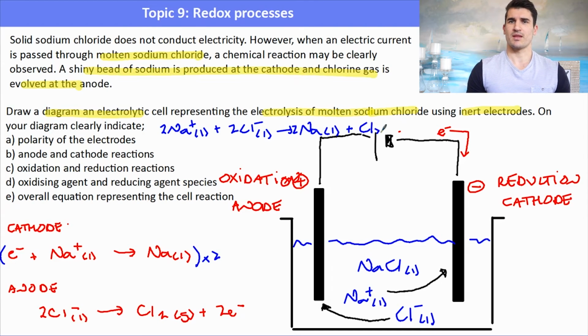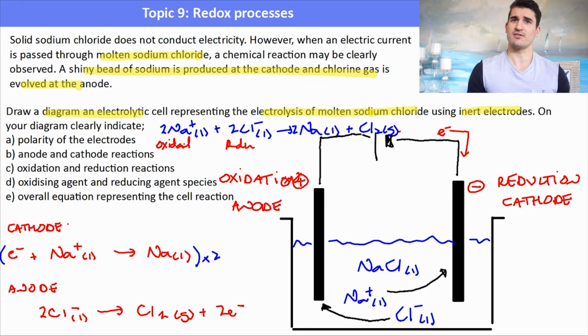So just remember, the negative electrode is dictated to by the battery. That is where reduction occurs in an electrolytic cell. The positive electrode is dictated to by the battery, and that is where oxidation occurs in an electrolytic cell. They're the opposite of the voltaic.